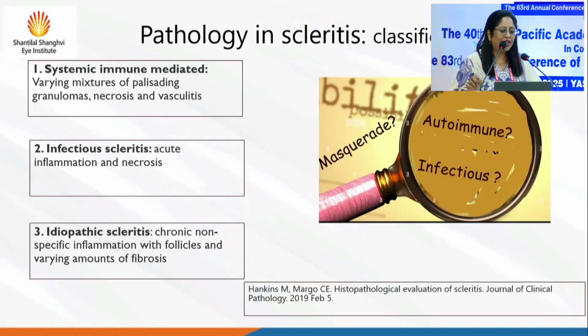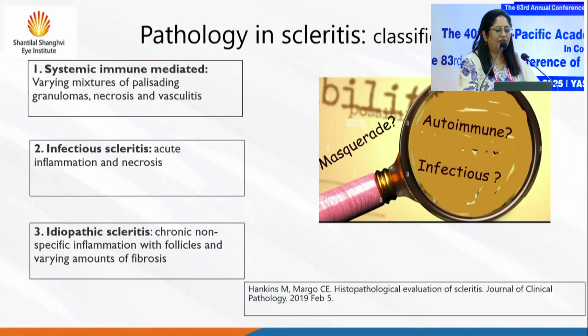The pathology in scleritis has been classified in an earlier paper by Professor Narsingh Rao and his group, where they took over 50 eyeballs of patients who had enucleation done for scleritis, and then another group wrote a review on it, which I'm quoting here. They divided pathology in scleritis as either systemic immune-mediated, in which case under the microscope you're likely to see varying mixtures of palisading granulomas, necrosis, and vasculitis.